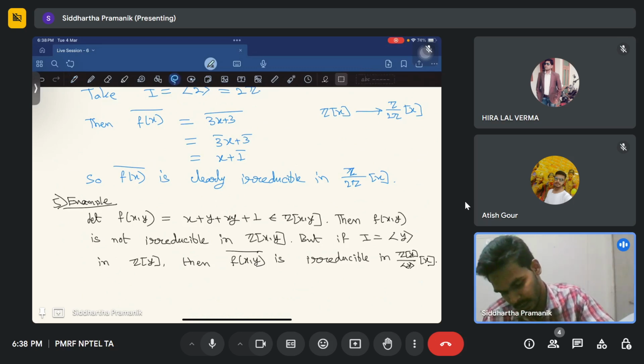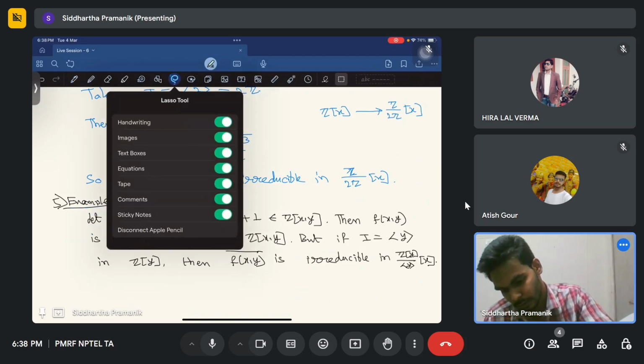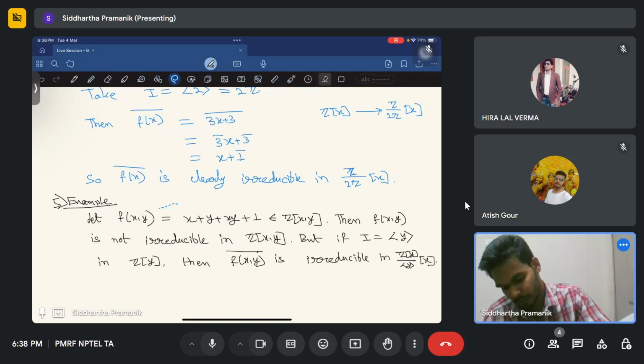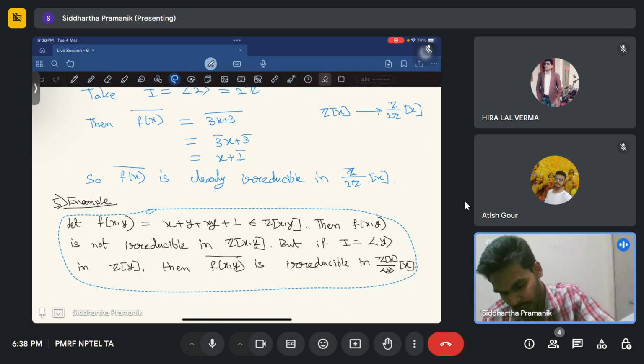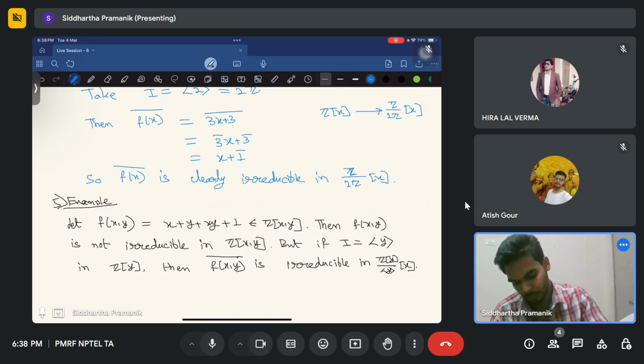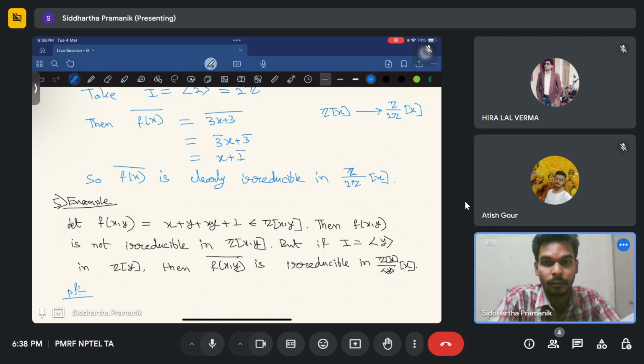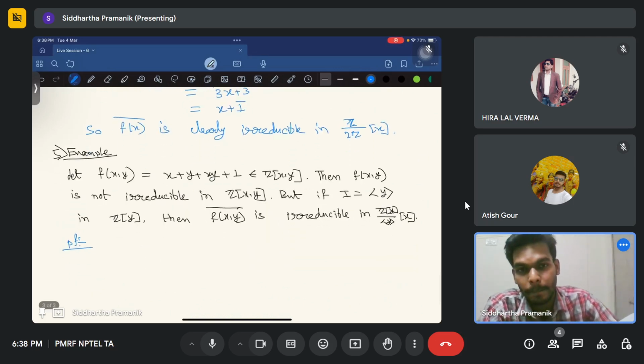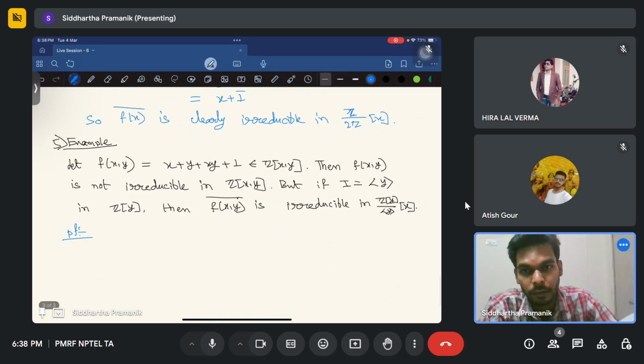So this is the statement. So can you see why f(x, y) is not irreducible? Yes, any idea?